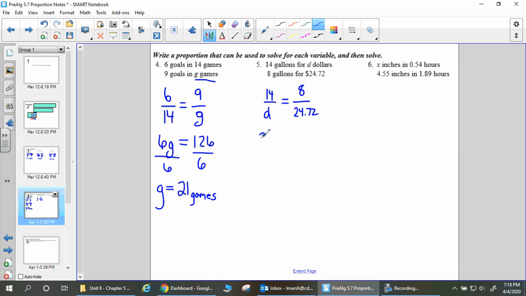8 times D. 14 times my $24.72 is 346.08. We're going to have to divide both sides by 8.